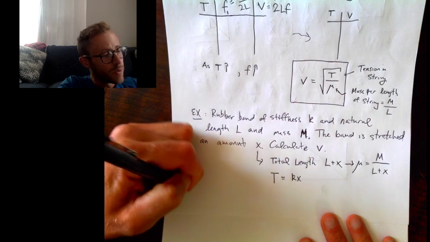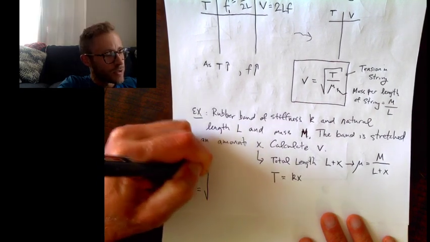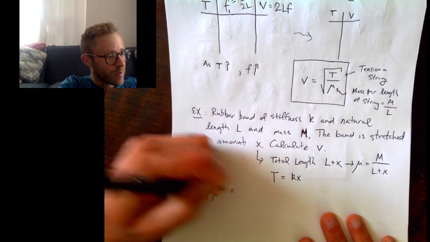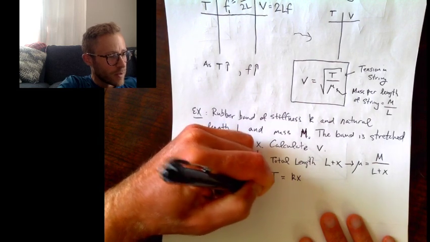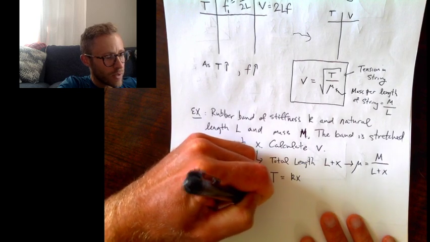So v equals the square root of tension over mu. The tension is given by kx. The mu value is given by m over L plus x.